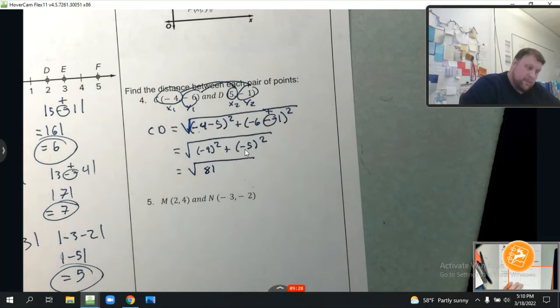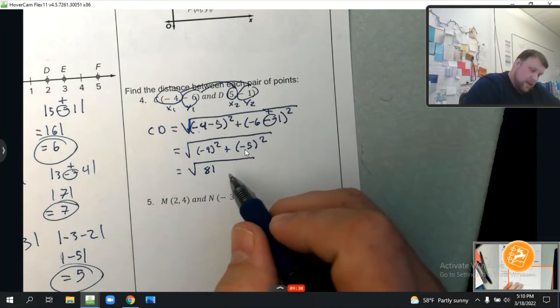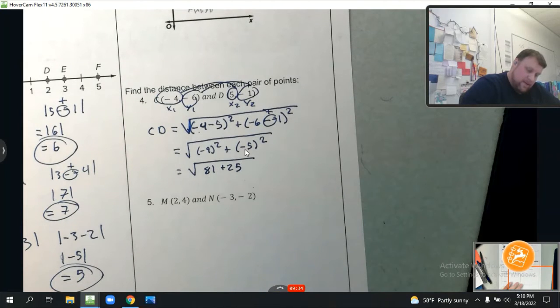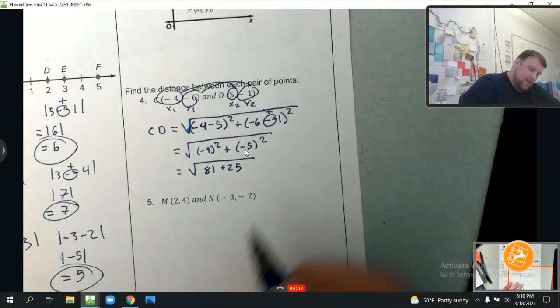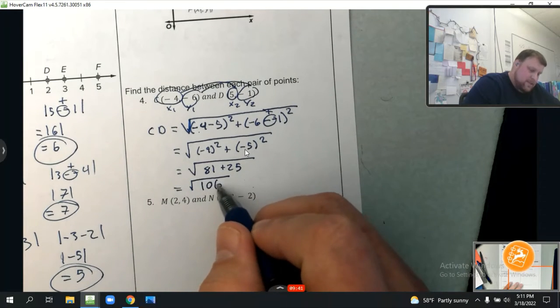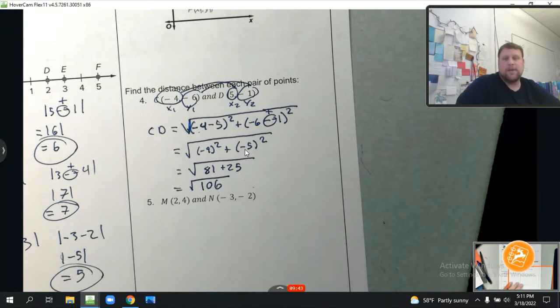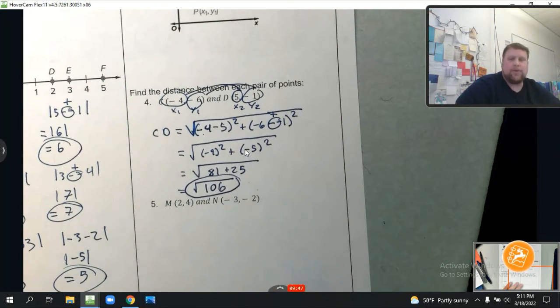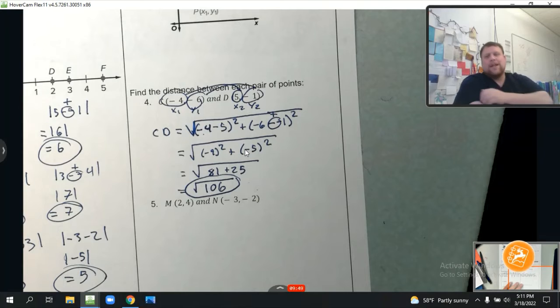Remember, it's always going to end up positive. And negative 5 squared is positive 25, so plus 25. And when I add those together, I get that this equals the square root of 106. Now, this is not a perfect square, so we're just going to leave it like this. Unless it tells you to round your answer, leave it if it's not a perfect square. If it's a perfect square, like the square root of 9 is 3, go ahead and feel free to do that, okay?